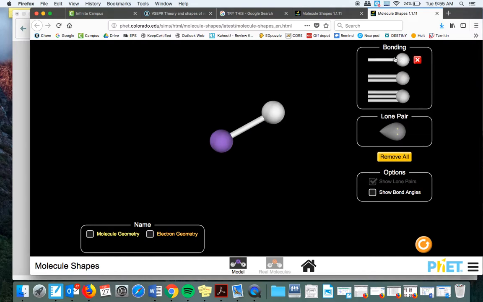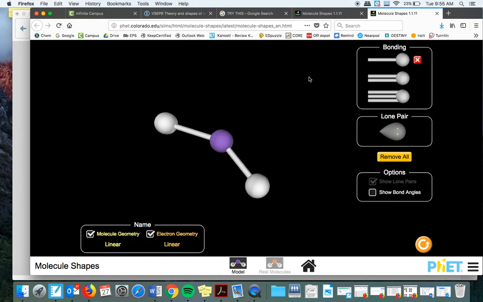So the way for these two atoms to get the furthest away from each other is for them to be in a 180 degree angle, which we call linear. And then if we add more, two, again, they're going to be linear.